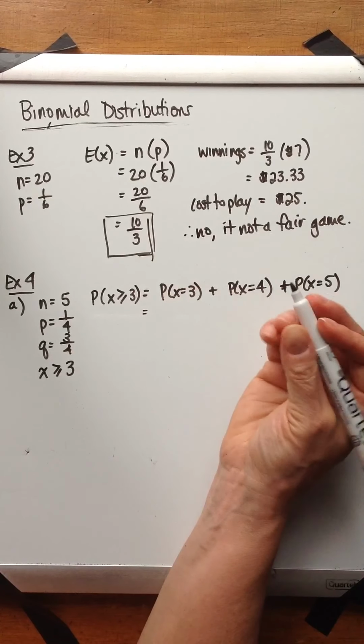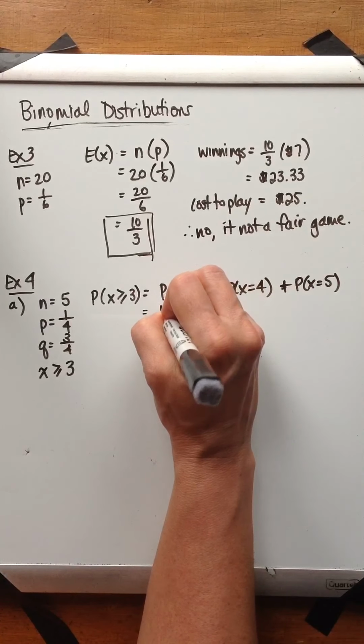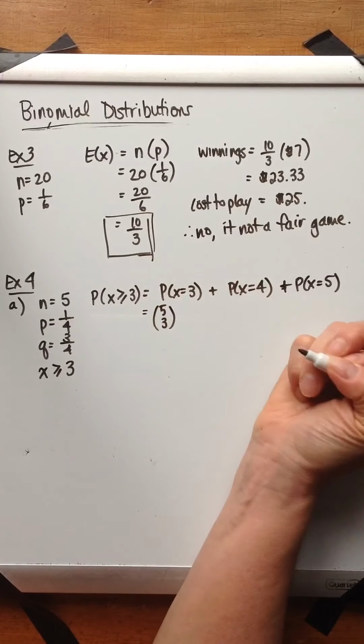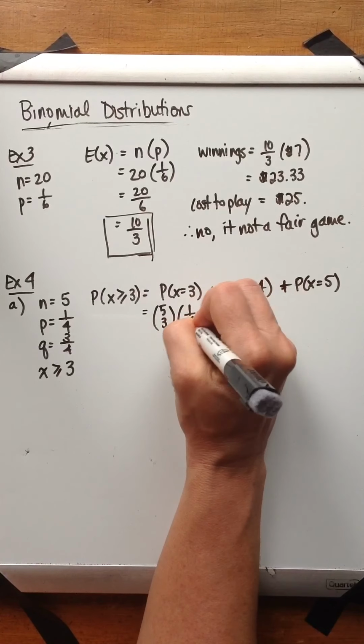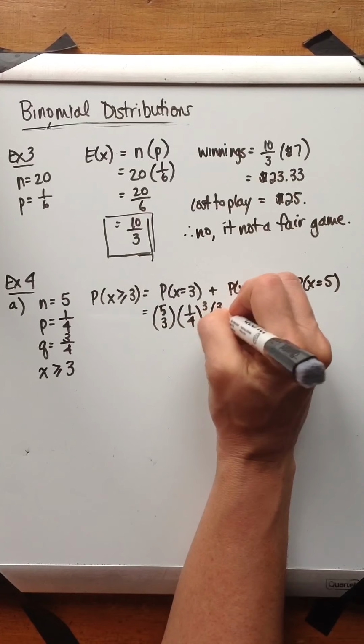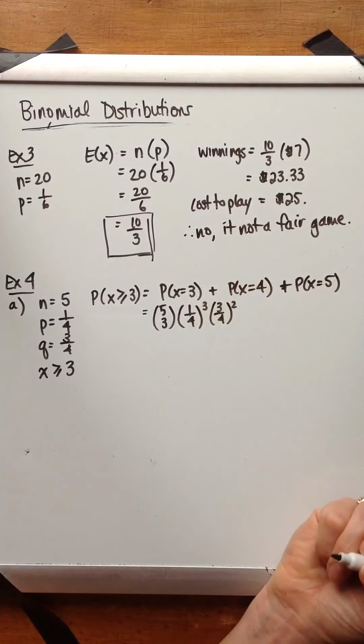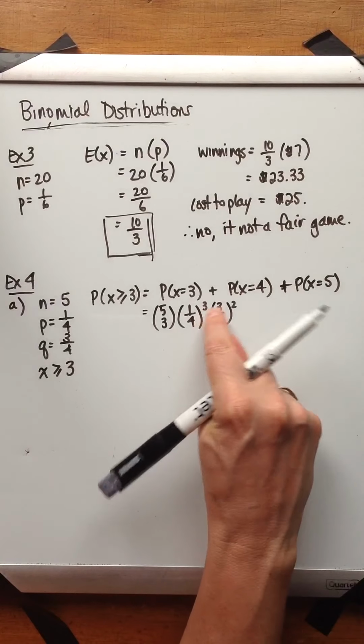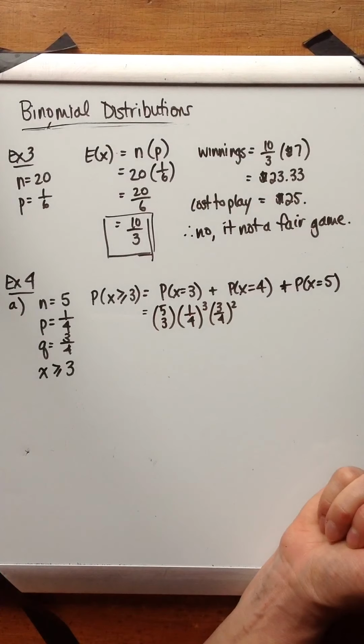All right. So using our formula, 5 questions, we're going to choose 3 successes. Each success has a probability of a quarter, and there are 3 of them. Each failure has a probability of 3/4, and there would be 2 of them in this case. 3 successes, 2 failures adds up to 5.